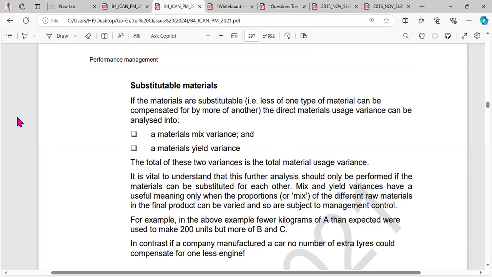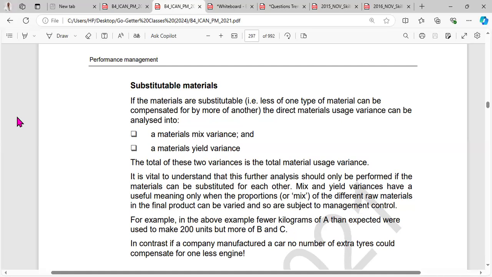So if you can substitute some materials with another material, you can easily say that if one of them is not readily available, you can switch to the other. It then means that the direct material usage variance can be analyzed into material mix variance and materials yield variance. Now, this is for substitutable materials. The total of these two variances is the total usage variance.